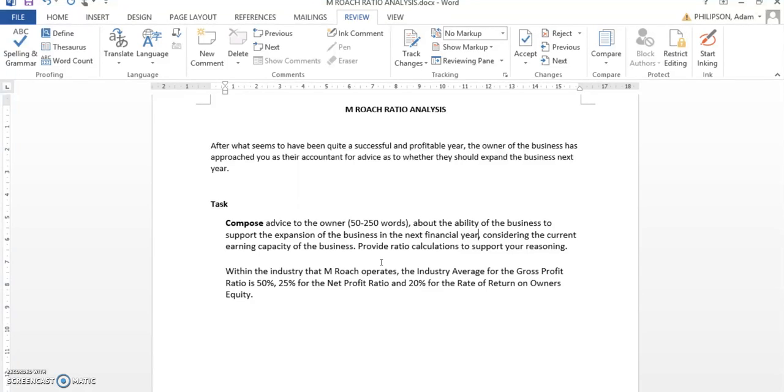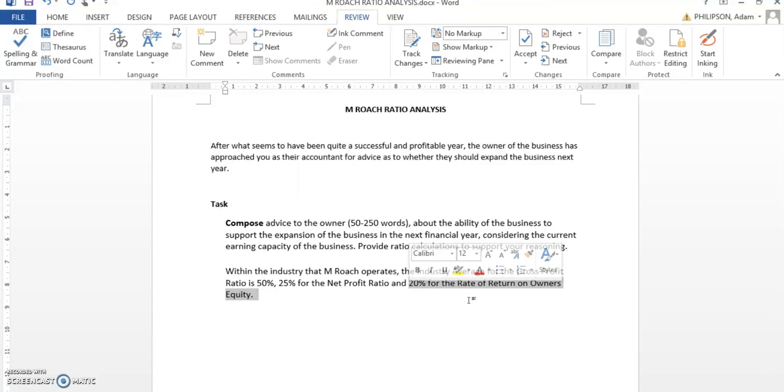Now, typically speaking, when we're looking at expansion and things like that, we would be focusing more on the rate of return on owner's equity. If it's quite a high rate of return, then that would support the owners putting more money into the business and funding an expansion.